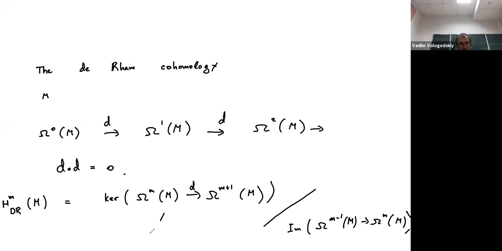So this space is called the space of closed forms. A differential form is said to be closed if d of it, its de Rham differential, is 0. And these are called exact forms.